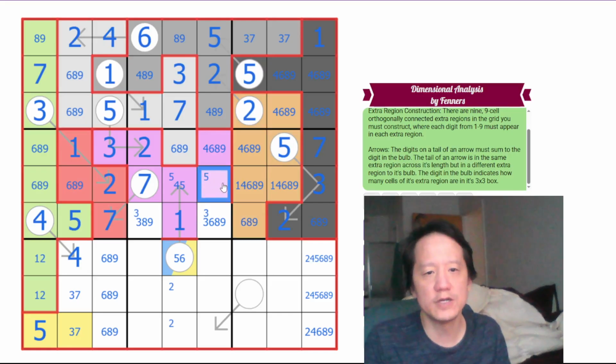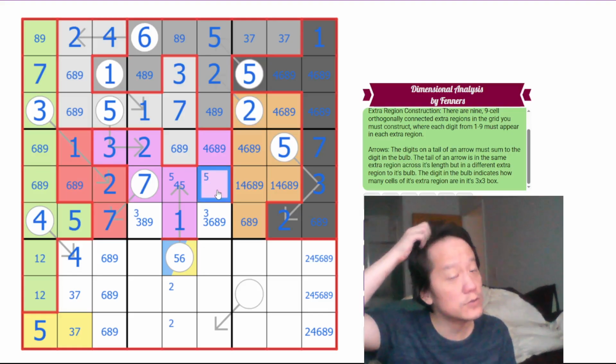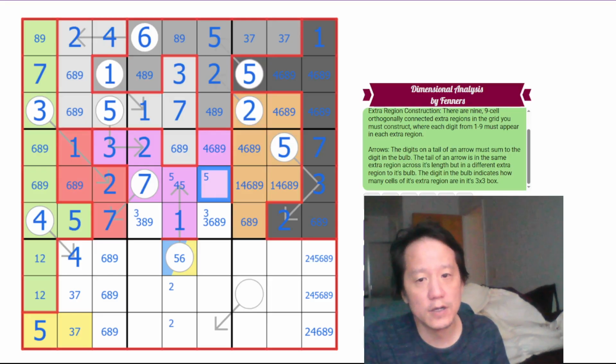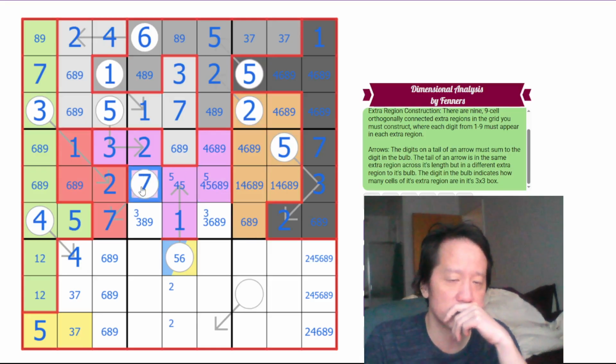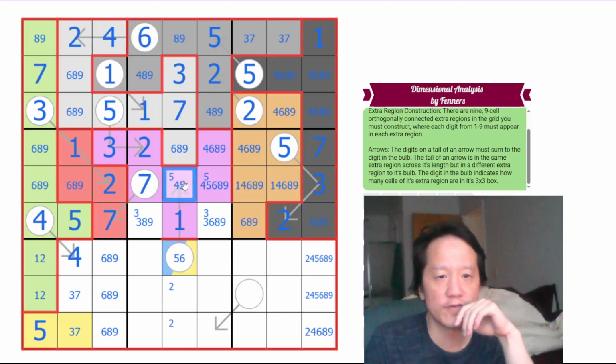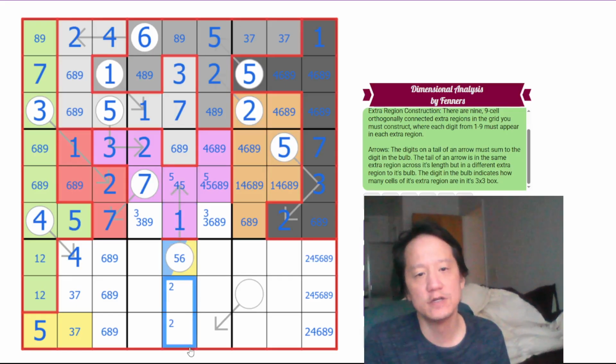This cannot be 1, cannot be 2 or 3. It could be 4, 5, 6, 8, and 9. No 7. So one of these two is a 5. It's either 4, 1 adding up to 5 or 5, 1 adding up to 6. So this can't be 5.